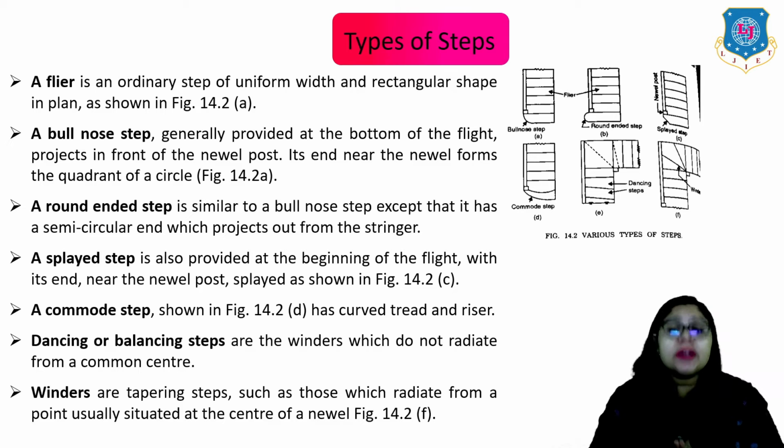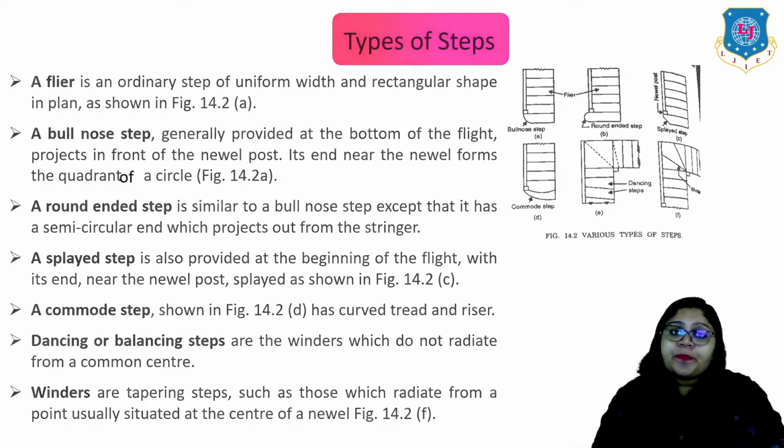And lastly, the winders. These are the tapering steps which radiate from a point usually situated at the center of the newel as shown in figure 14.2f. So here you can see how the winders radiate from the center, right? So these are the different types of steps that one should know at the time of construction, right?